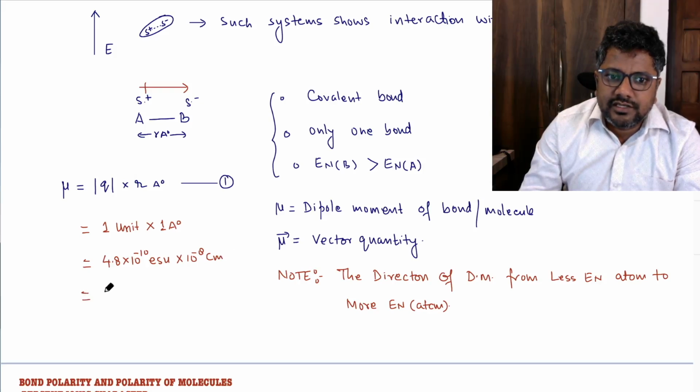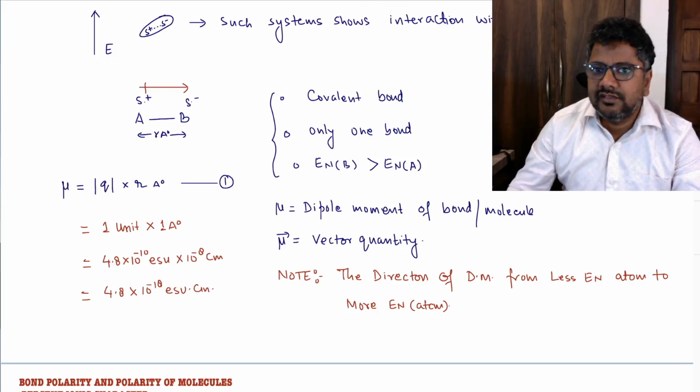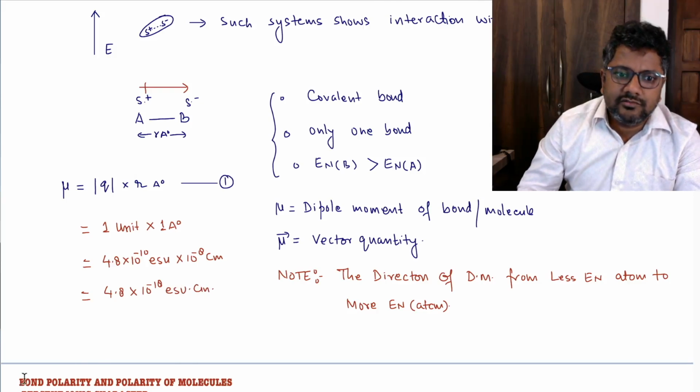So you can say 4.8 into 10 to the power minus 18 ESU into centimeter.